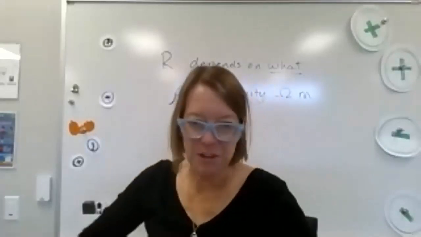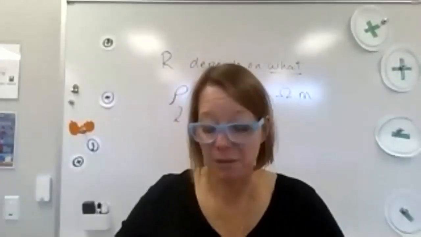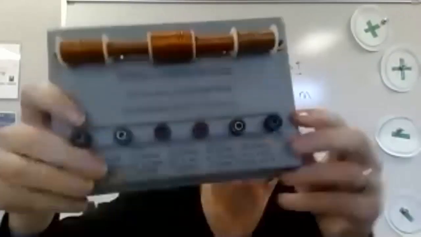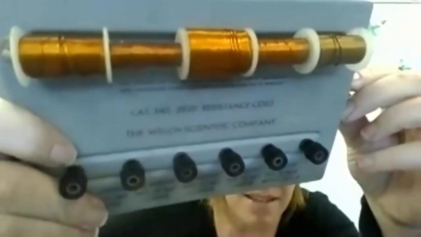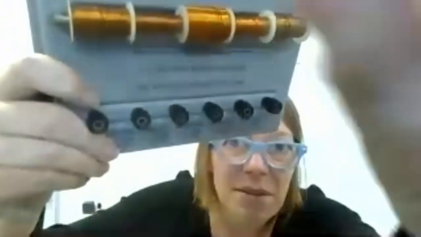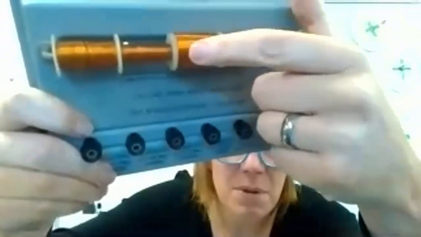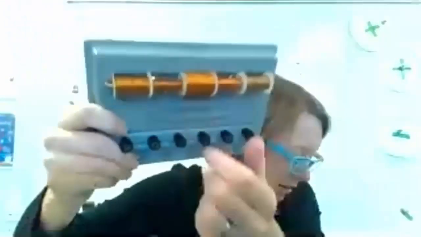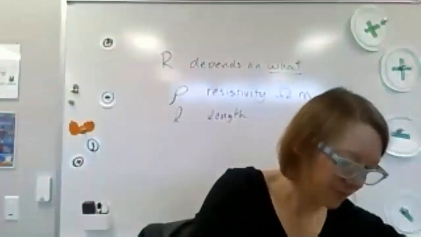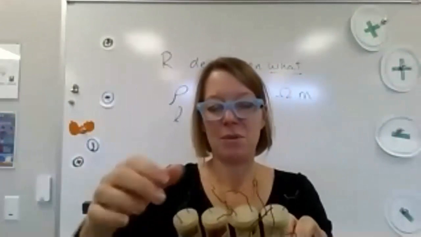And then the third thing that resistance depends on is the gauge of the wire. The gauge of the wire is the thickness. So with these, I hope my camera is okay. I don't know if you can tell, but this middle one, the wire is a bit thicker, and here it's a bit thinner. This is another example of old school equipment.